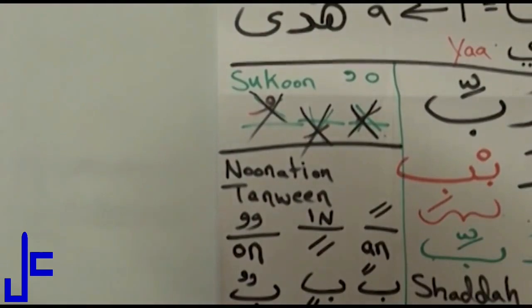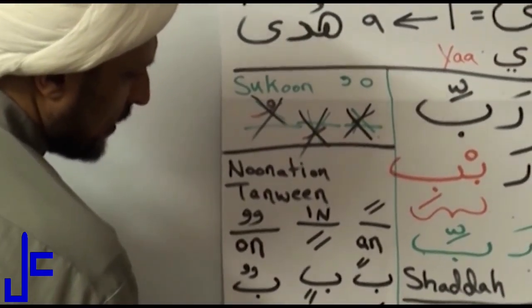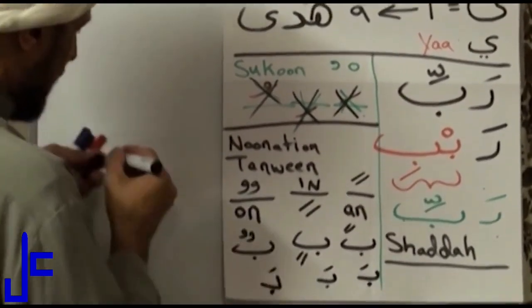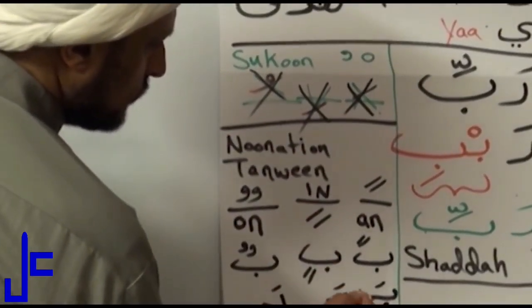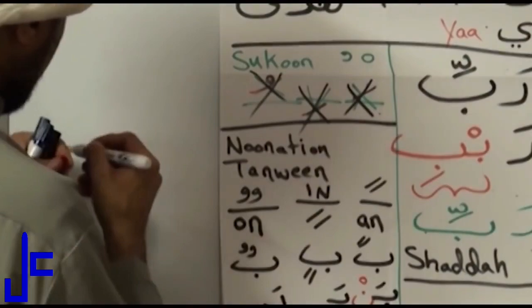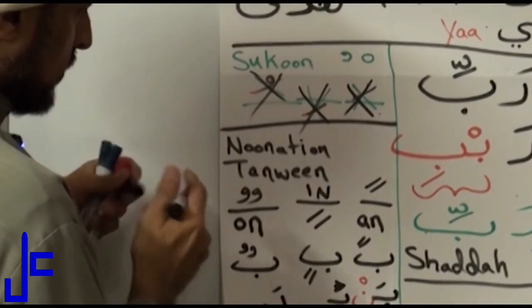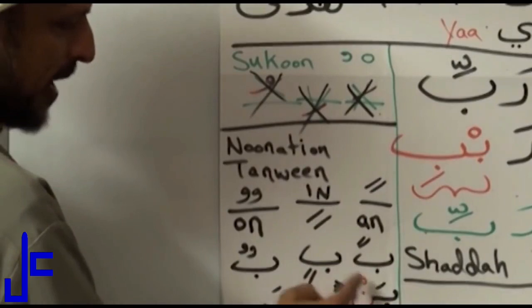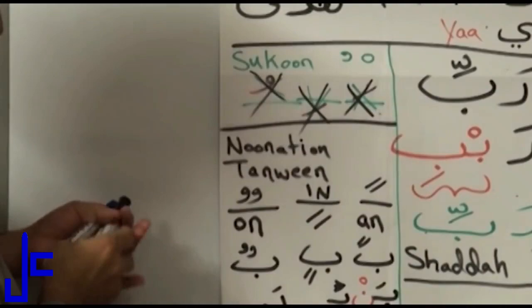Let me write it in a way that I cut the tail and attach it to a noon. So this is ban. This one is ban. So the other sign represents the noon which is silent.